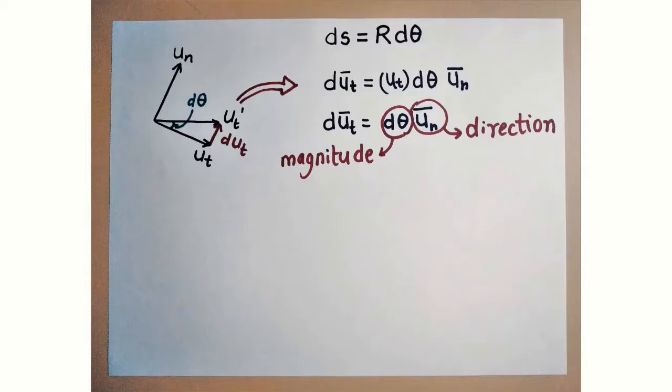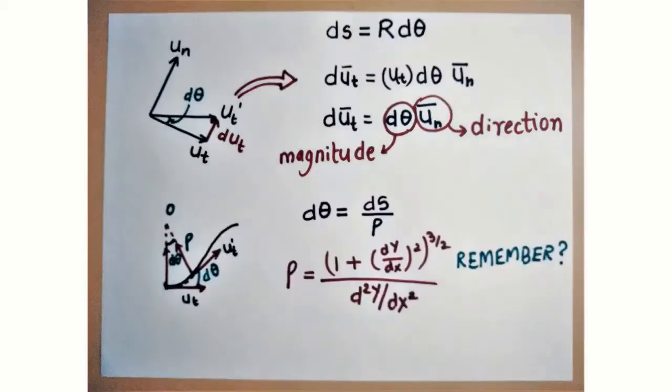Therefore, dut vector is equal to ut times d theta in the direction of the normal axis. Now, since the magnitude of ut is unity, we have dut vector is equal to d theta in the direction of normal axis.